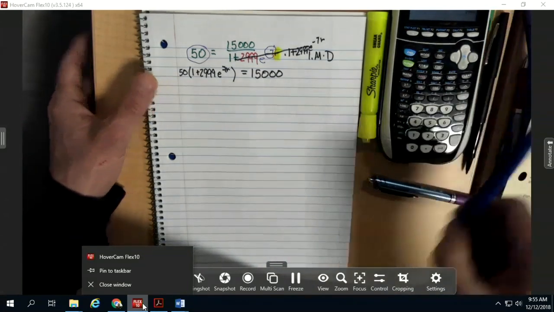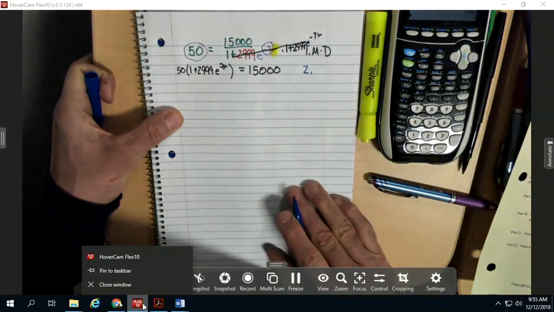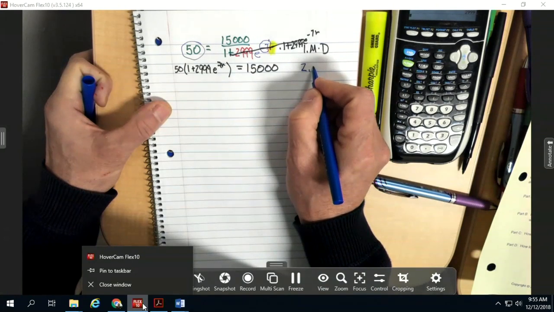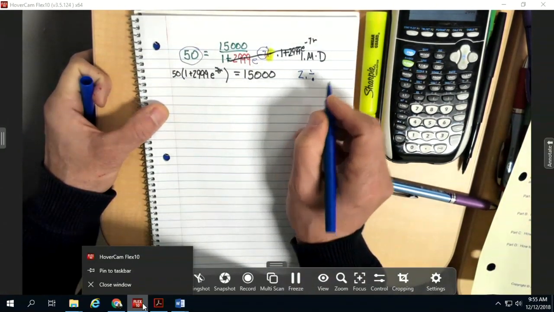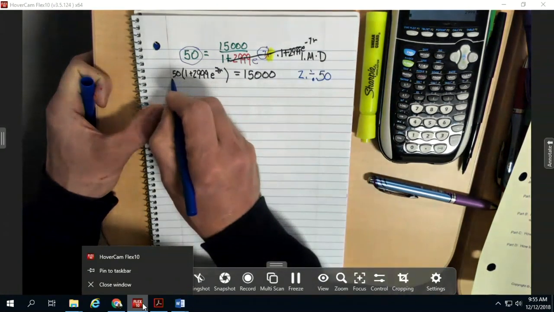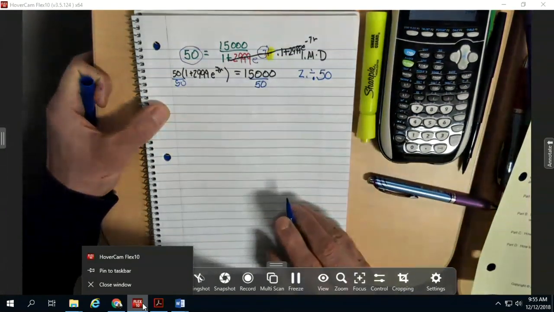Next math. See if the person sitting next to you knows what you can do next. What are you dividing by, Eric? Not dividing yet. We can divide both sides by 50.